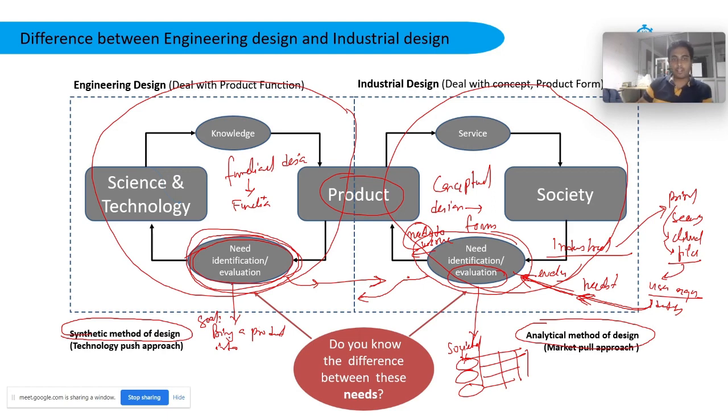So when you try to bring a product into reality, you have a concept. For example, the shaving example, I'll give the same example. You have the previous barber blade.